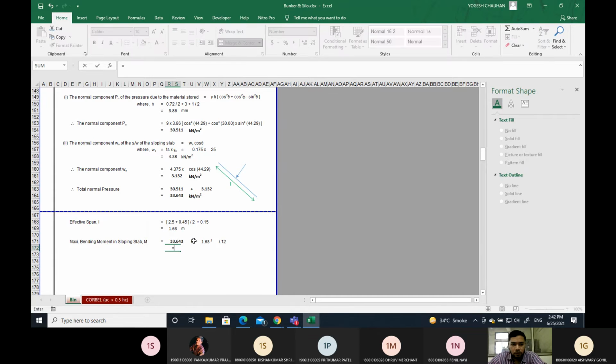So simply now we can put this into this, raised to the power 2, divided by this.